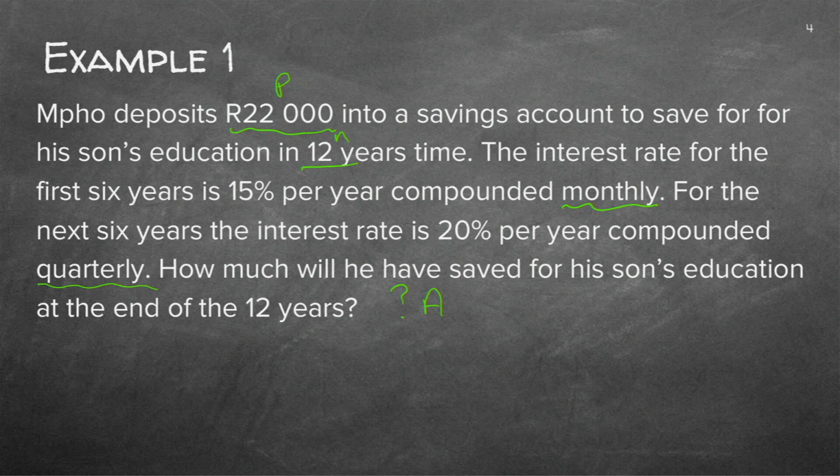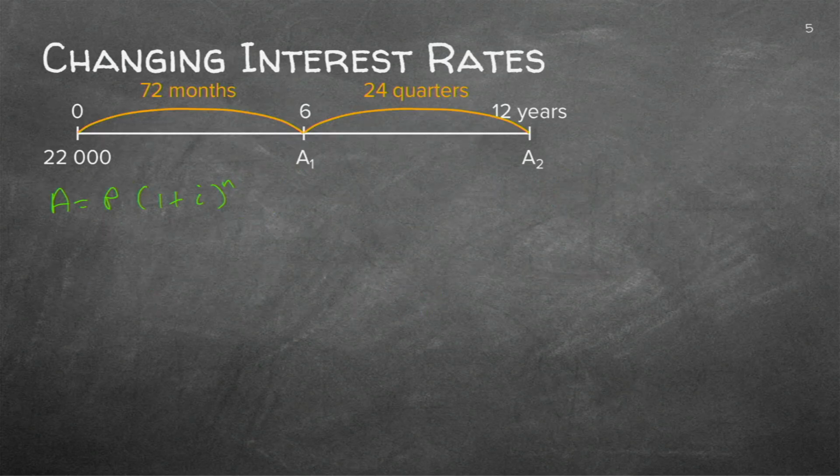the interest rate for the first 6 years was 15% compounded monthly. So there's my i. Can you see there are my 3 ticked things? And there at the bottom is my unknown. But the first part is 15% compounded monthly. So the 15% is 0.15, compounded monthly.